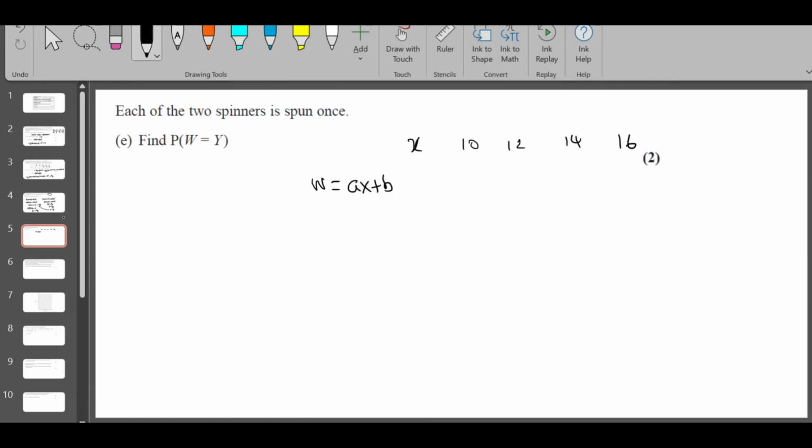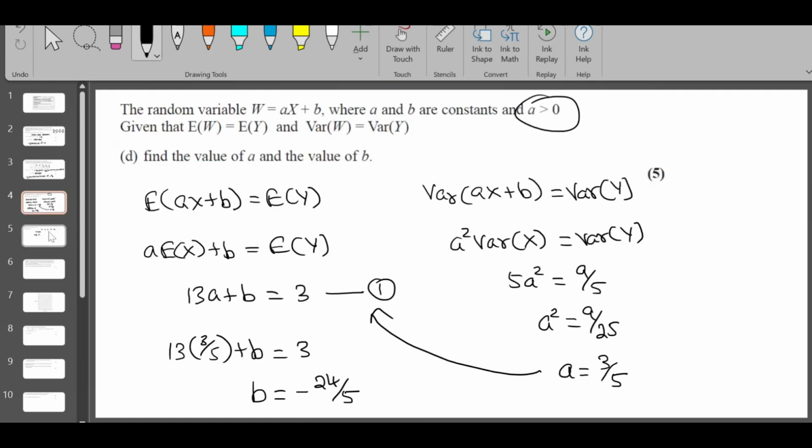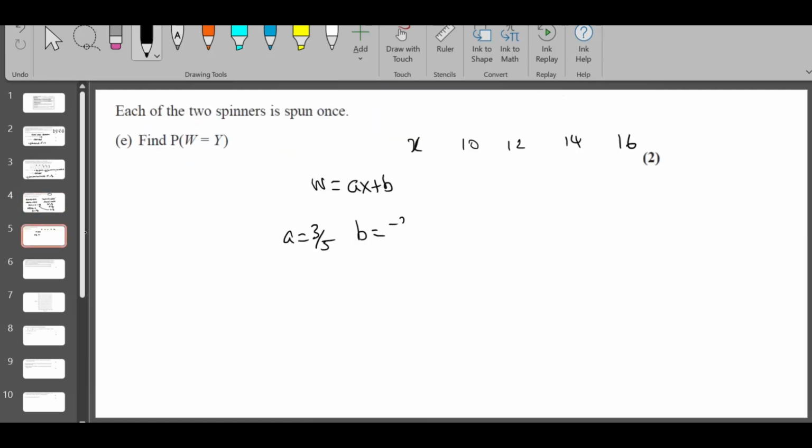And A is basically 3 over 5. B is minus 24 over 5. So when you sub in the values of A and B, we can write W as 3 over 5 x minus 24 over 5.